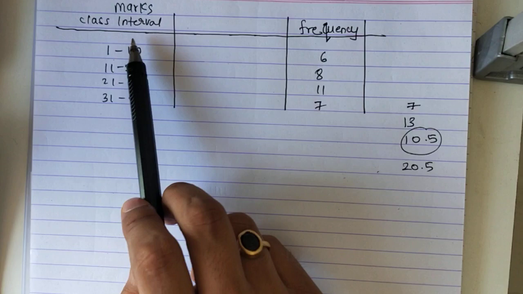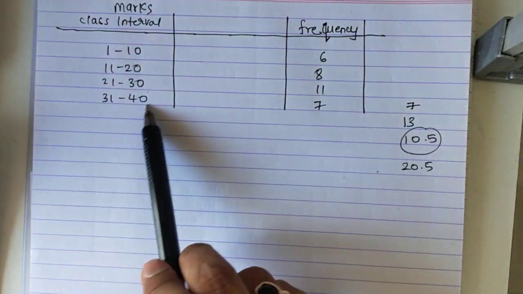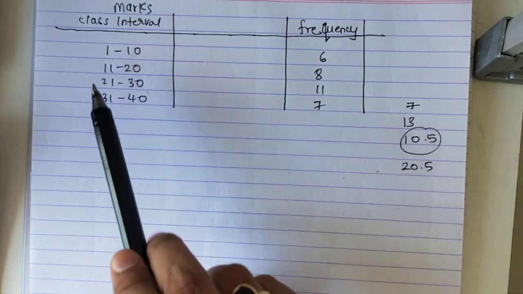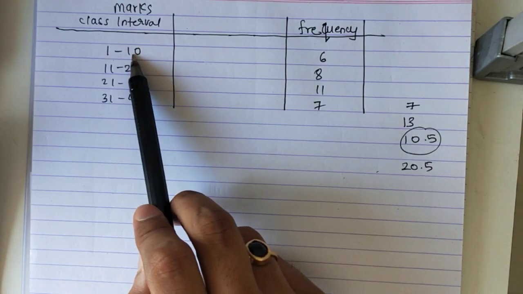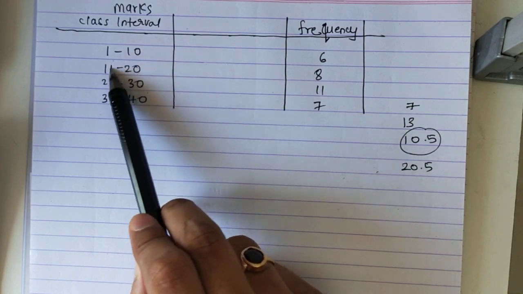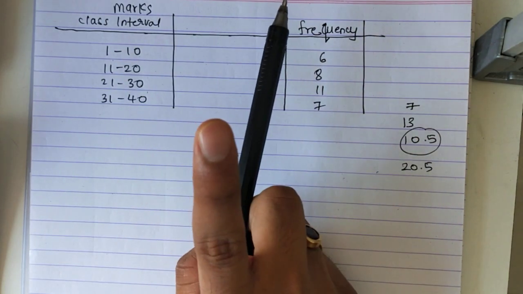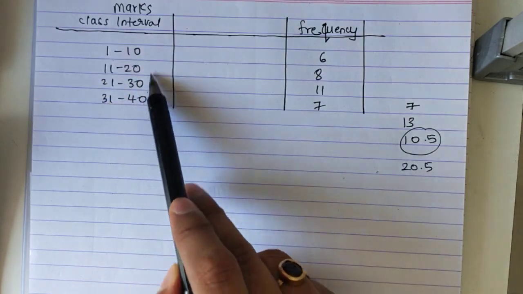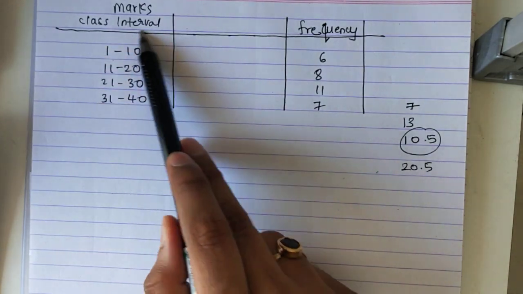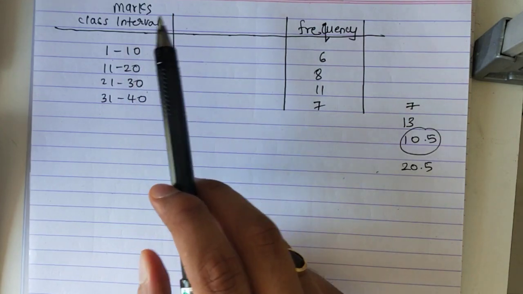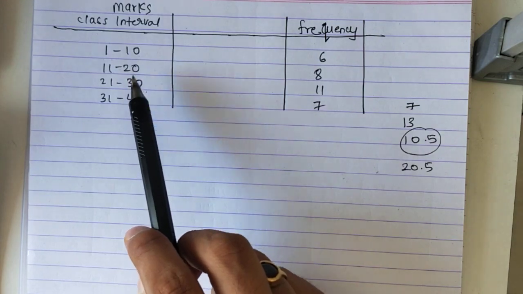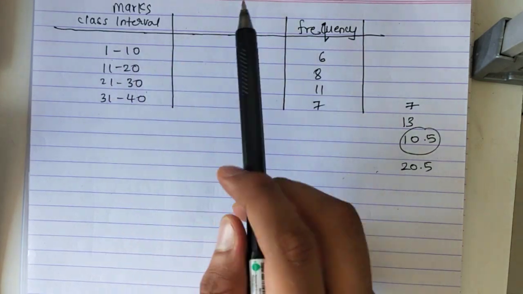That means whenever you have the class interval in this form where there is a break in the intervals, you see 1 to 10, then 11 to 20, there is a gap of one mark. This is called non-continuous interval. And these intervals will give us incorrect answers, so we have to make these continuous.